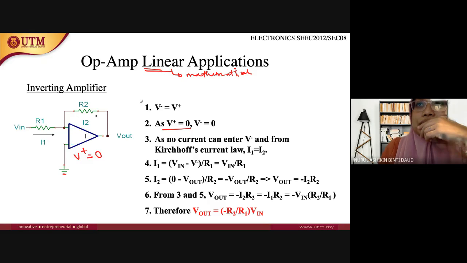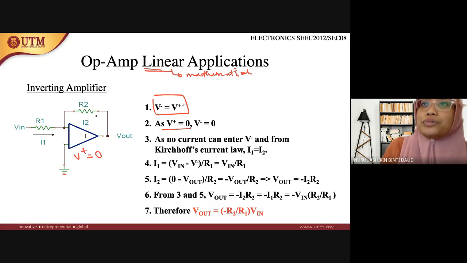As we saw earlier, the key to solving op amp analysis is that V minus is always forced to be equal to V positive. Since V positive here is equal to 0, so is V minus.